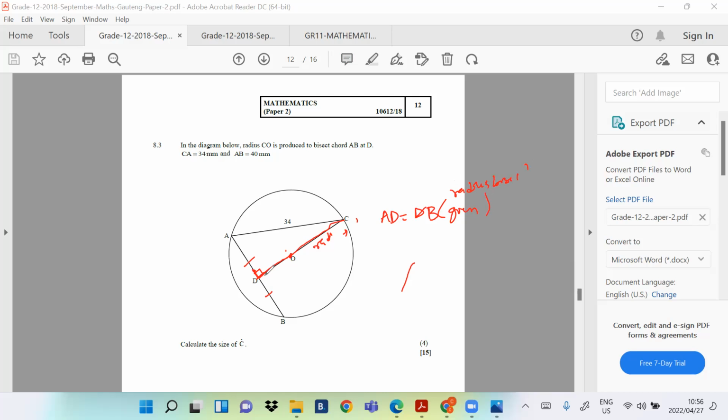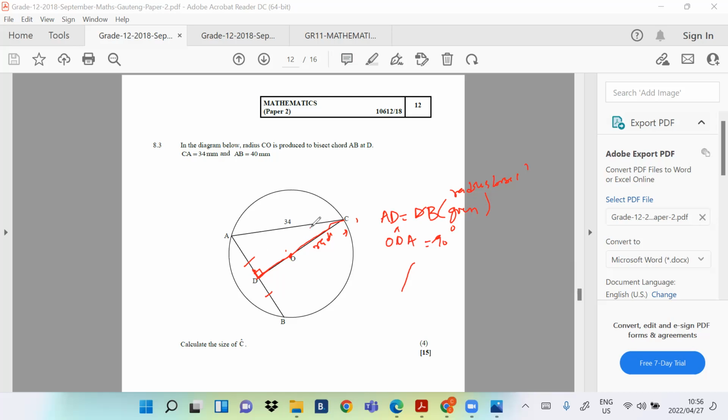Because a line drawn from the center to the midpoint of the chord is perpendicular to that chord. That means angle ODA is 90 degrees.